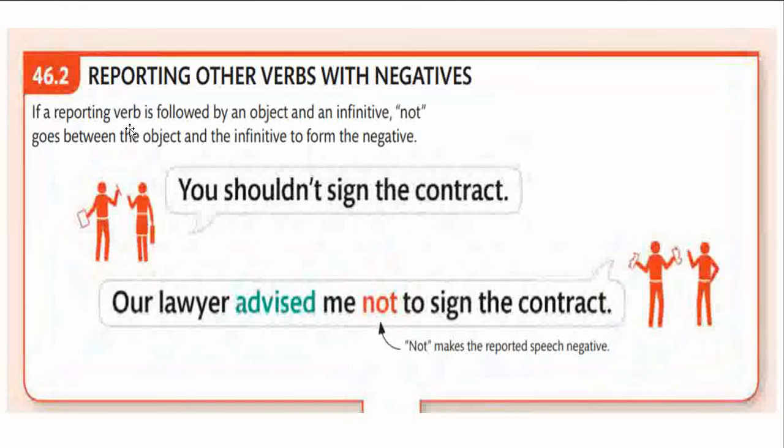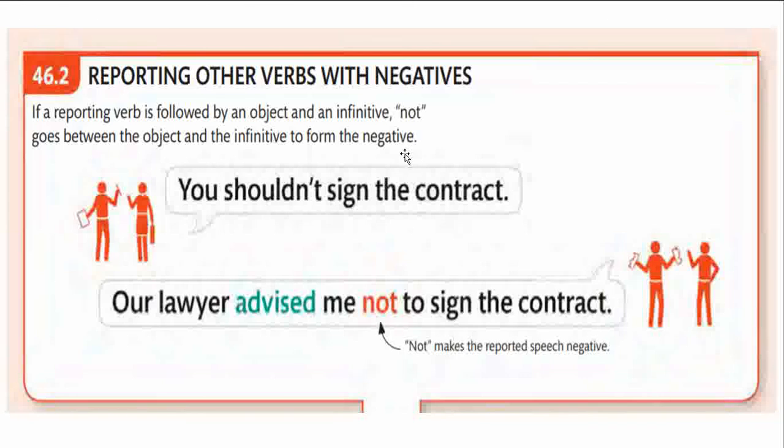If a reporting verb, we have studied this earlier, is followed by an object, that is me or us, and an infinitive, infinitive means to sign, to play, to walk, then the word not goes between the object and the infinitive to form a negative.